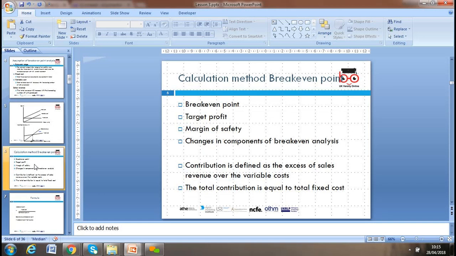So then margin of safety. What is meant by safety or margin of safety? Anybody heard about it before? Yes, sir. What is meant by safety then? Safety level is that area that is safe or not really harmful for the business.